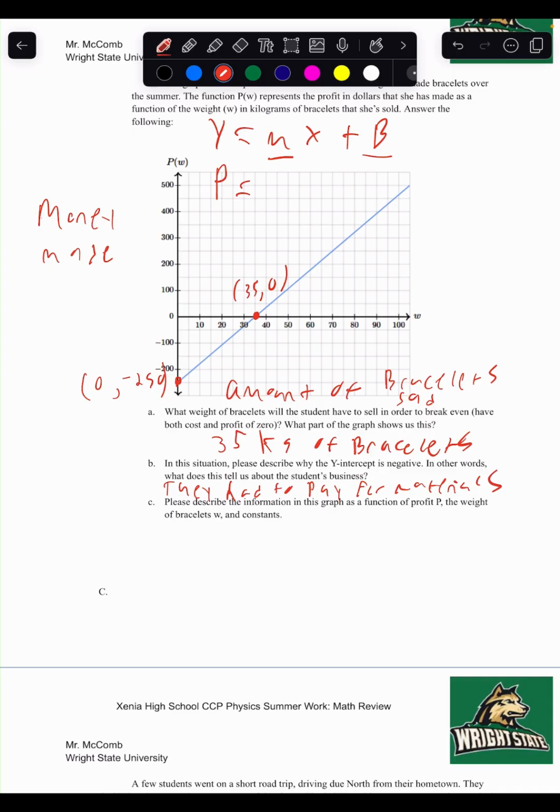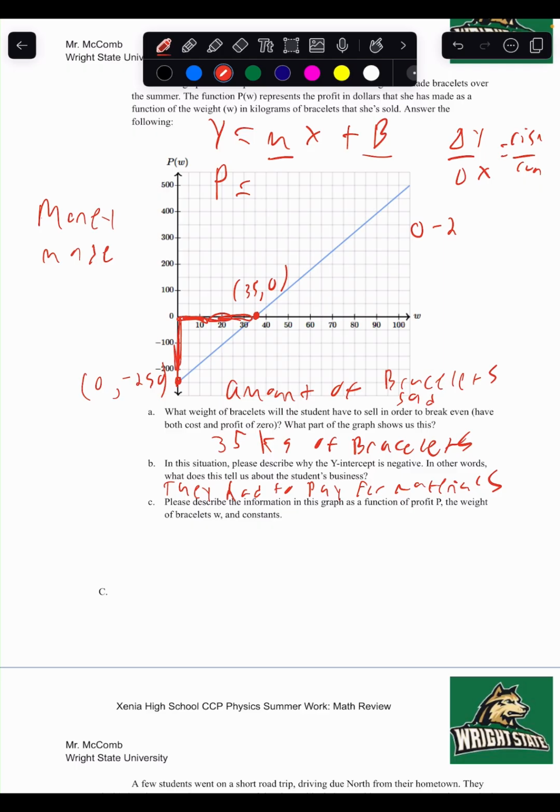So our slope formula is delta y over delta x, changing y over changing x, or rise over run. So how much do I rise over how much do I run? You can put these in any order.